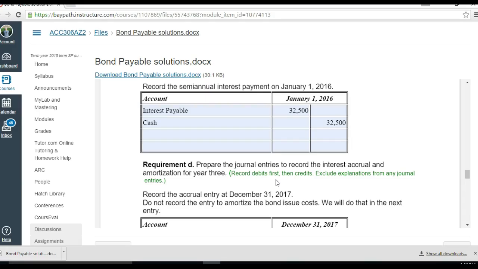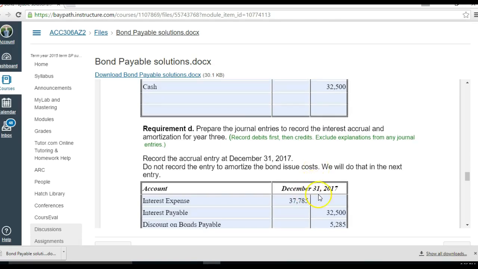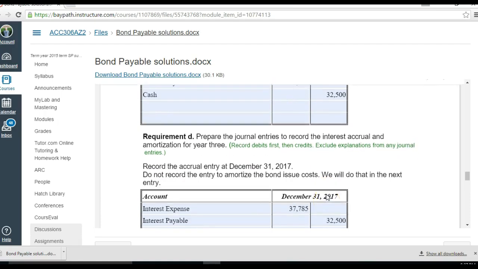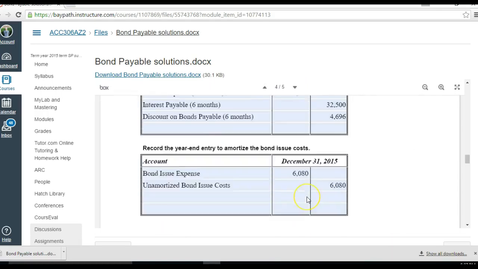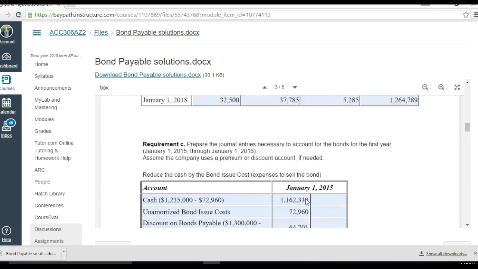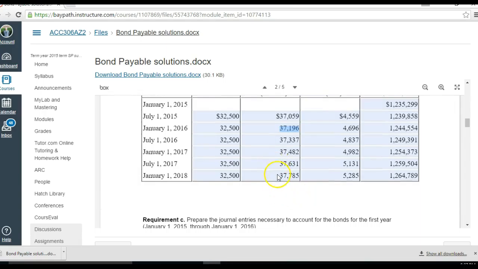Prepare the journal entry to record the interest accrual and amortize for year 3. Then on December 31st, 2017, we're going to recognize our interest expense for $37,785 at the end of the year.